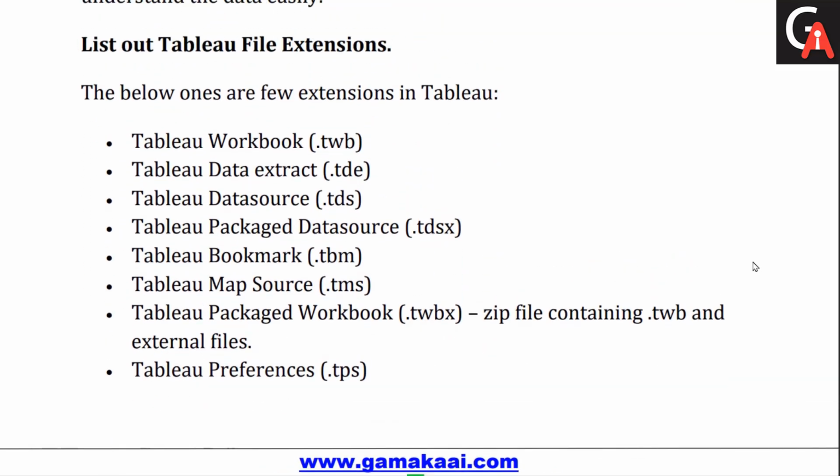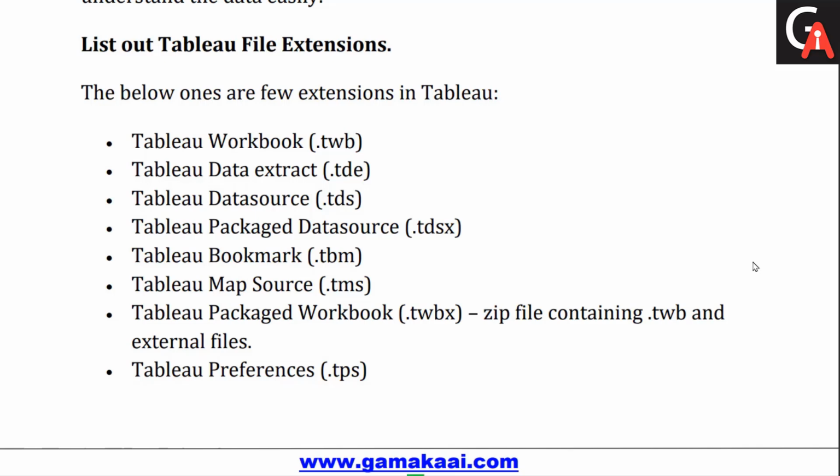Next question we have, list out Tableau file extensions. There are a wide range of Tableau extensions available, and depending on the version you are using and the type of extraction you want from the data, you have different workbook extensions. First one is Tableau workbook .twb.